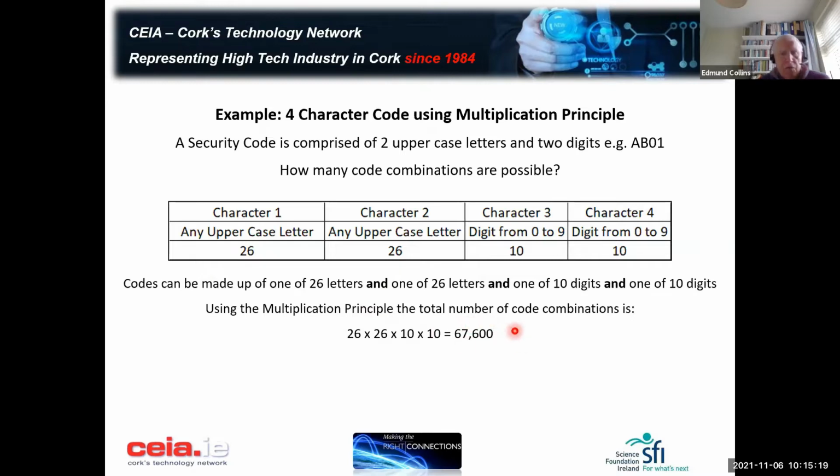And actually we come out with a very large number, 67,600 different options for the code combinations for two alpha, two numeric. So you can imagine as we go on to greater numbers, that the options are very, very large. So it's just an interesting example of the application of the multiplication principle in a security code.